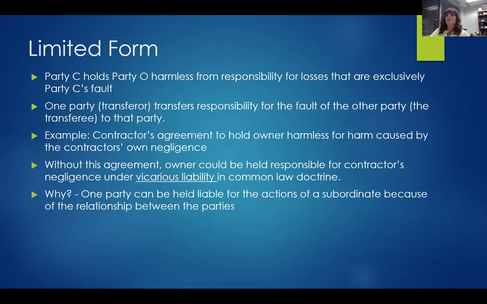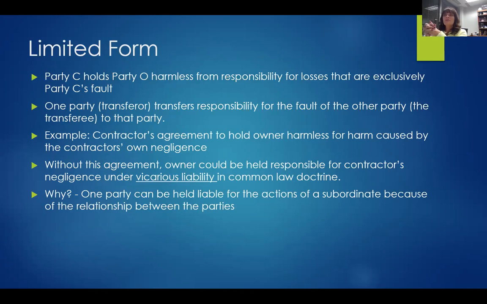In the first one, limited form, the contractor, or party C, holds the owner harmless for responsibility for losses that are completely their own fault. So the contractor says, I'll take care of anything I'm at fault for, and I will not hold you responsible. I'll hold you harmless for anything that's my fault. That completely makes sense. That's fair.